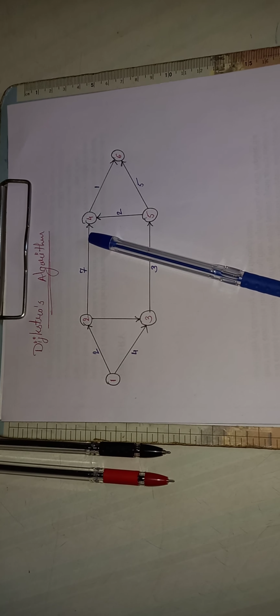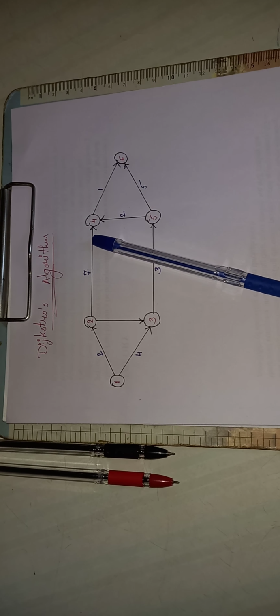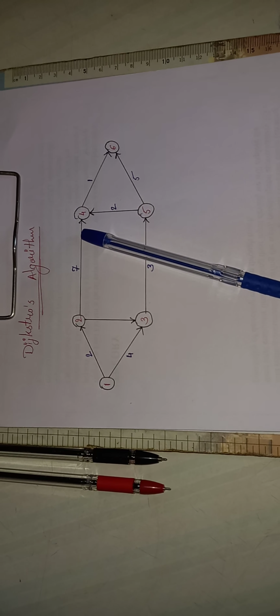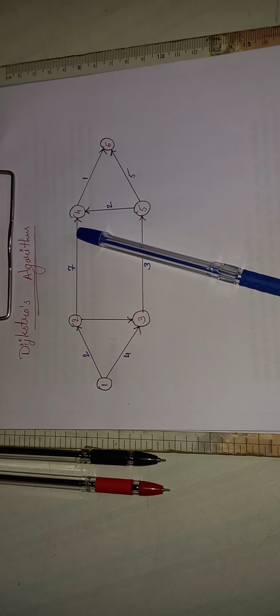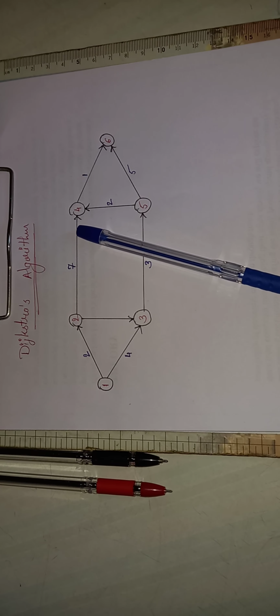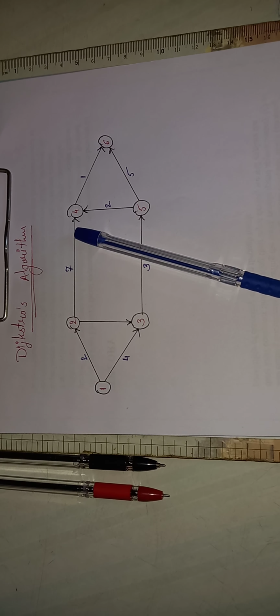This algorithm is mainly used for the single source shortest path problem, which means we have to find the shortest path in the given graph. As it says, we have to find the shortest path, so we have to work with minimization.